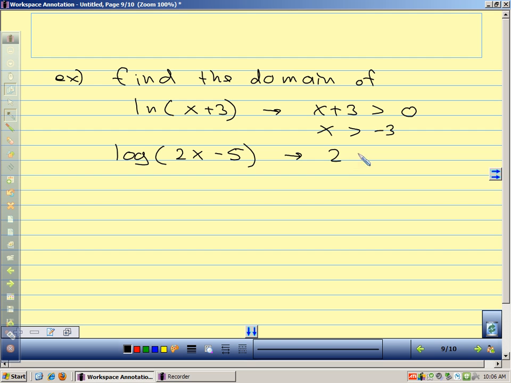So this says 2x minus 5 has to be greater than 0. So 2x is greater than 5, and x is greater than 5/2. So our domain for this function would be x greater than 5/2. So that's all you have to worry about when you're thinking of the domain, is whatever I plug in here has to be bigger than 0.